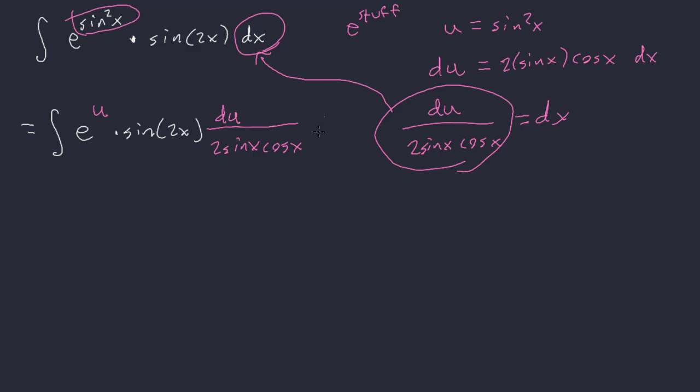Now you might think, well, hang on, this isn't going to work, right? Because sine of 2x is not going to cancel with 2 sine x cosine x. However, it actually will. It's maybe an identity that we don't remember, but we have this trig identity here that says that sine of 2x is actually equal to 2 sine x cosine x. So this is actually equal to sine of 2x.